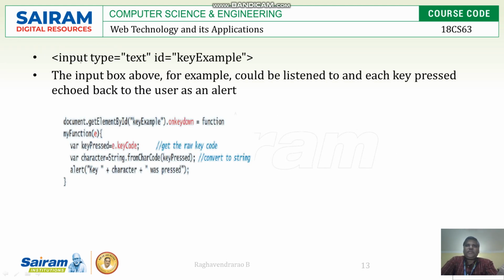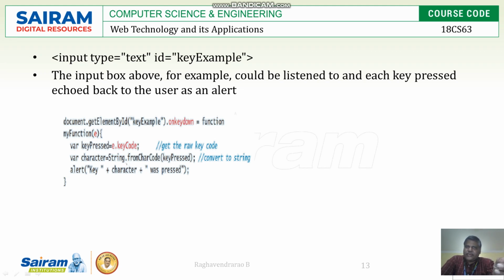Then we have an example where the input type is text with id keyexample. There is an input box in the document. You can see document.getElementById keyexample dot onkeydown, so on key down some function gets executed. In my function, the variable keyPressed is key.keyCode, for any one key.